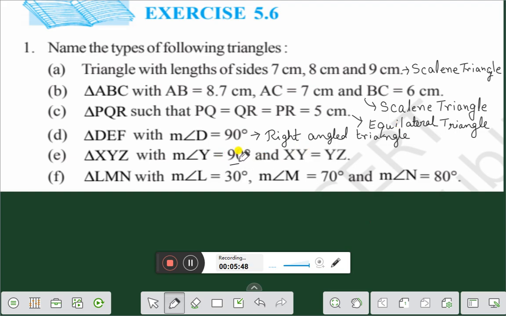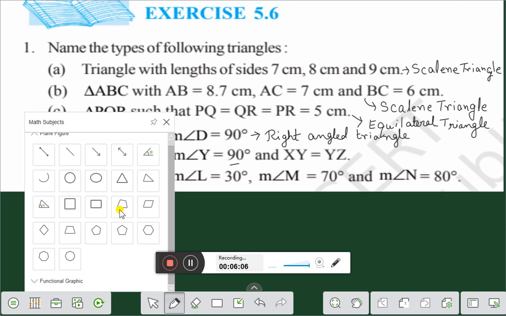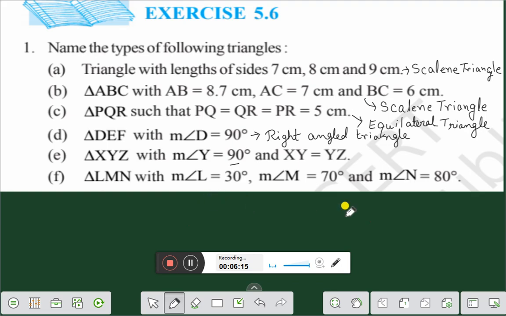If we draw the triangle, you will see, if I draw this triangle, one angle is 90 degree. If we draw one triangle like this, XYZ, here I am drawing a triangle.